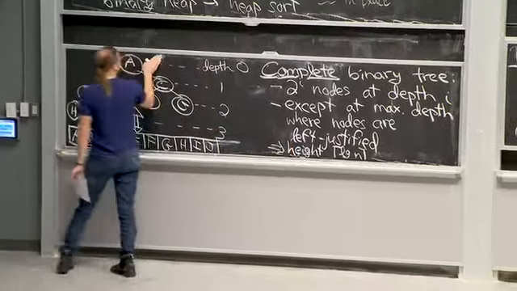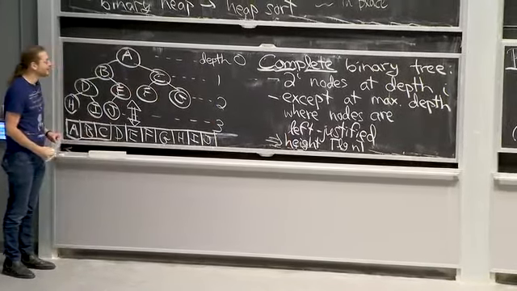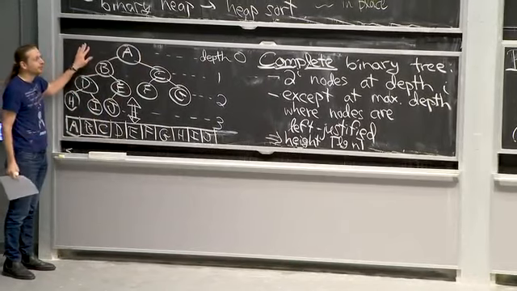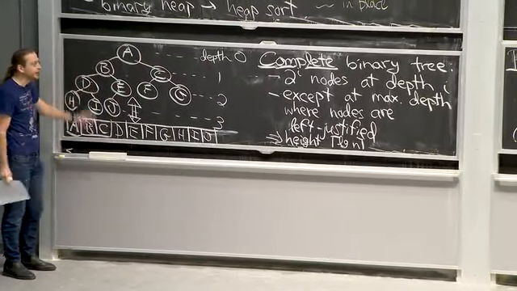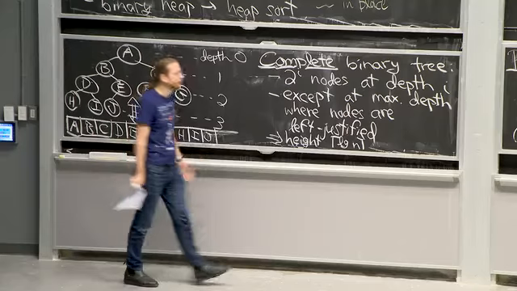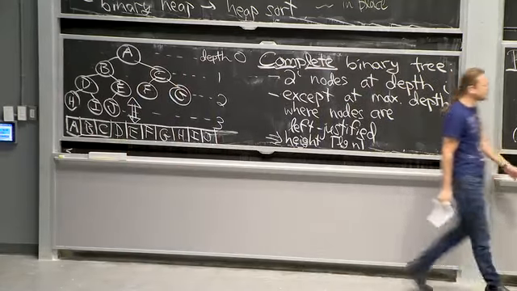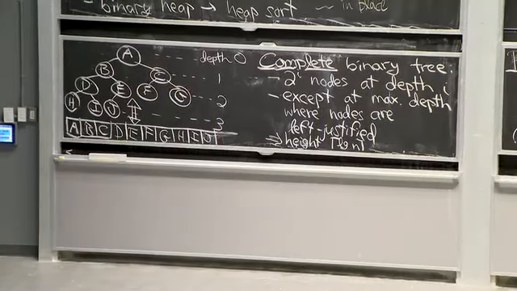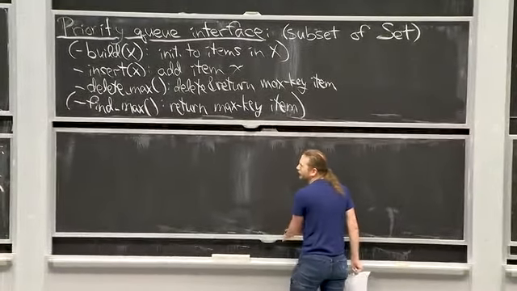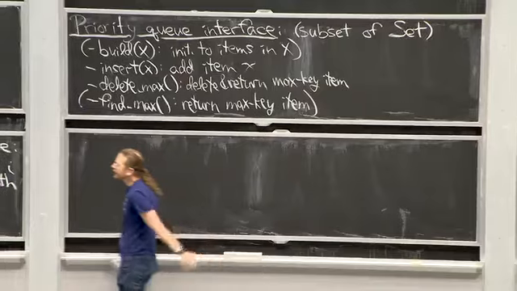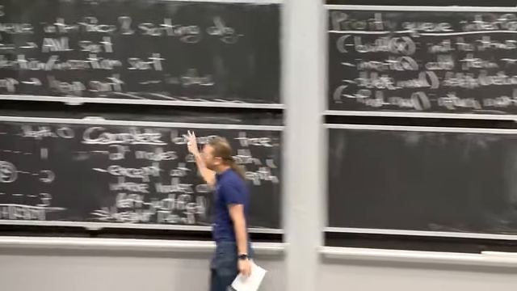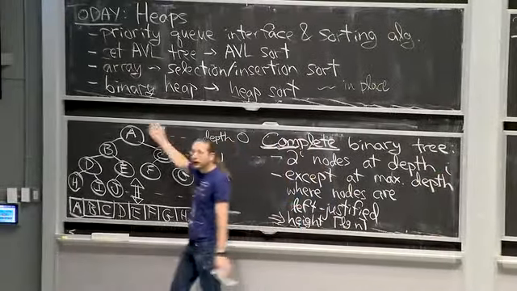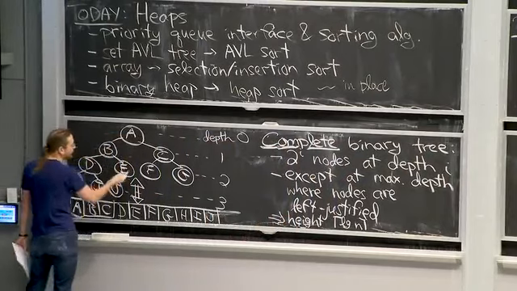So somehow, I claim, we can maintain a complete binary tree for solving priority queues. This would not be possible if we were trying to solve the whole set interface. And that's kind of the cool thing about heaps, is that by just focusing on this subset of the set interface, we can do more. We can maintain this very strong property. And because we have this very strong property, we don't even need to store this tree. We're not going to store left and right pointers and parent pointers.